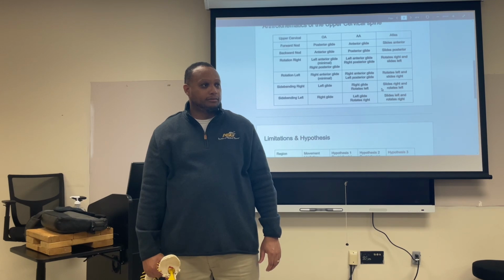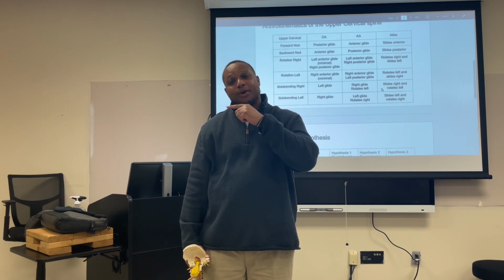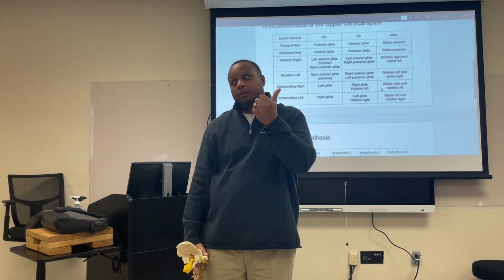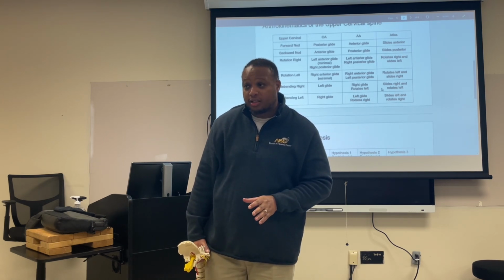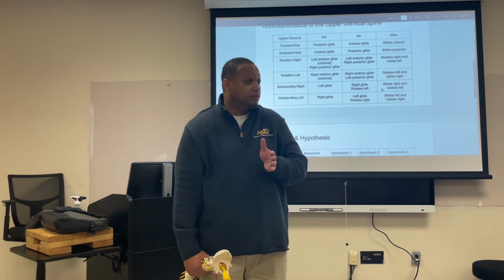Okay? So when I side bend to the right, the atlas is sliding to the right, but some minute rotation to the left is occurring. That's why I'm taking time with this. My GAs are recording this so you can go back and review this.